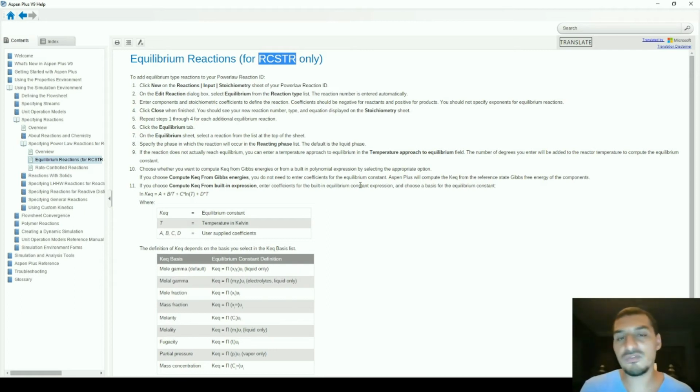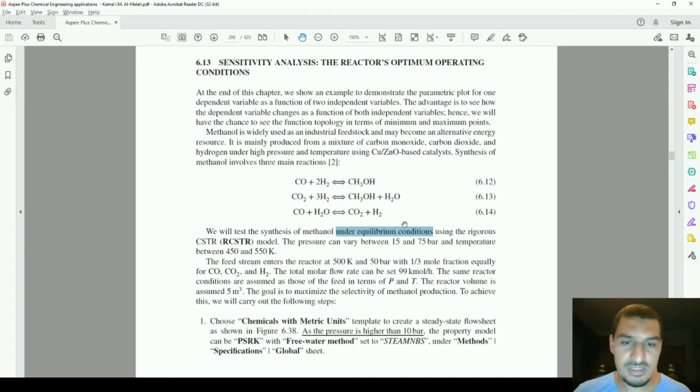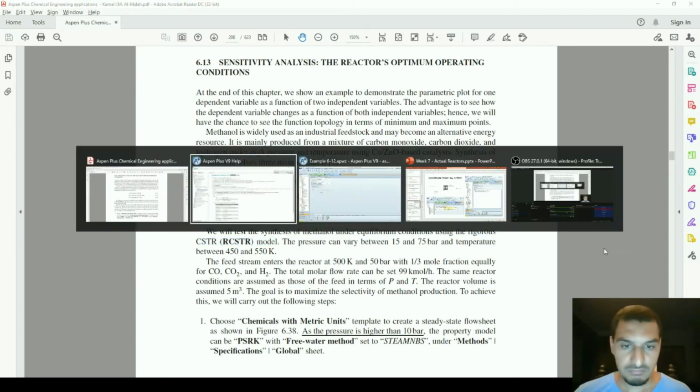Everything is gonna be done in the first part, so there is no way you can repeat the whole thing in the rest of the reactor. That's why I think we can do this only in a CSTR. So this kind of explains why it's done in a CSTR model.